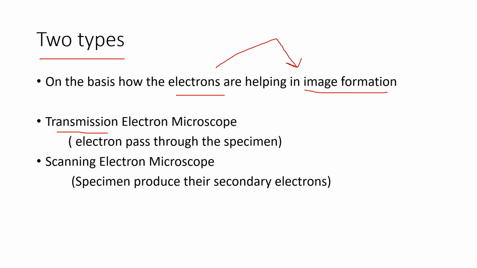But what if those electrons hit the specimen and the specimen produces its own secondary electrons? Then it is called a scanning electron microscope. The scanning electron microscope will become clearer in the next videos. In this video we're going to talk about the transmission electron microscope, where the image is produced by the passing of electrons through the specimen.